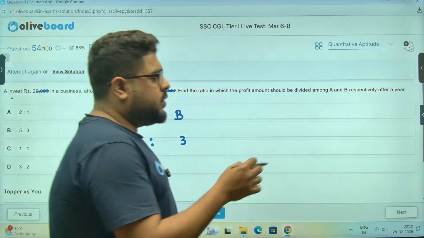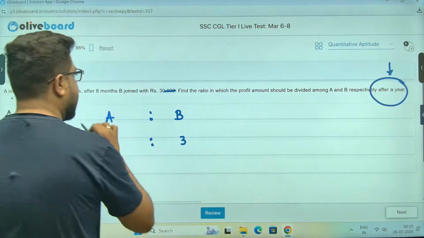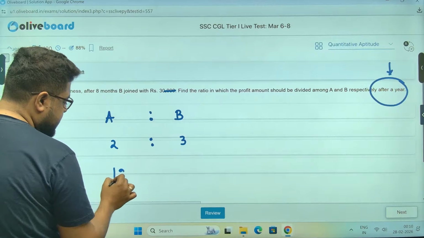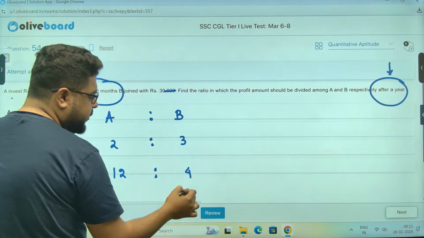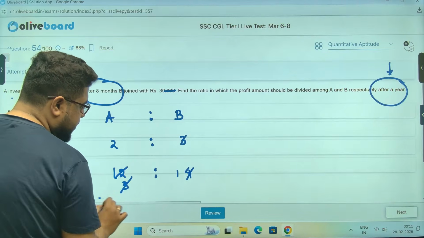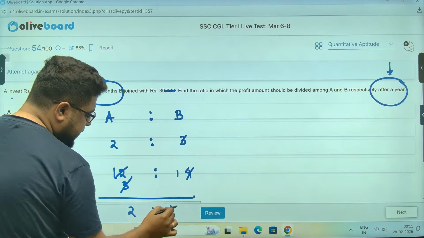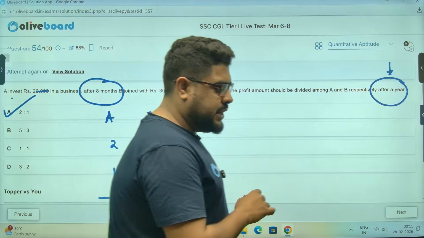After 1 year, meaning total time is 12 months. A was invested for 12 months. B joined after 8 months, meaning B stayed invested only for 4. So this is 3:1. Now take the compound ratio. The profit sharing ratio is 2:1. Option A.